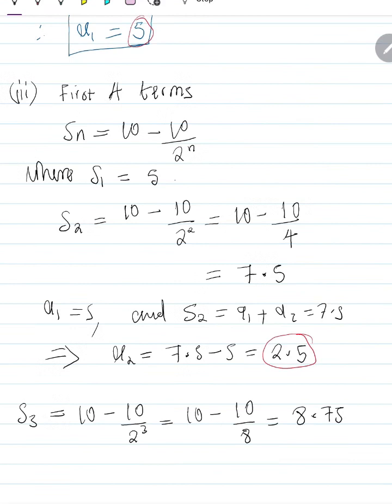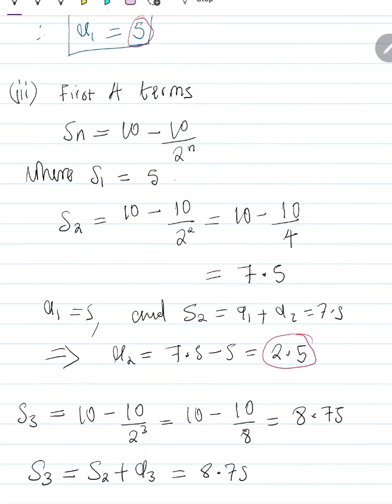8.75. But we know that the sum of the first 2 terms is 7.5. And so we can say S3 can be given as S2 plus A3. So S2 is the sum of the first 2 plus A3, and this should give us 8.75.